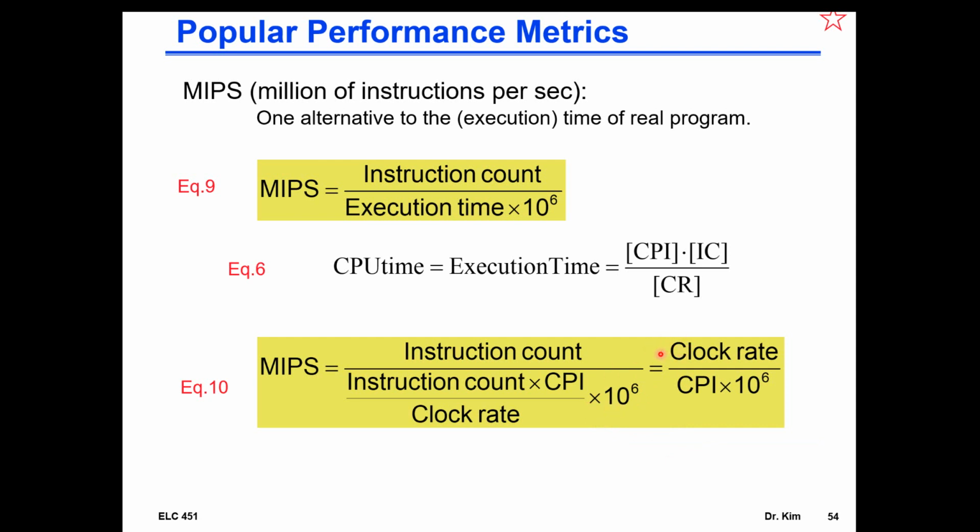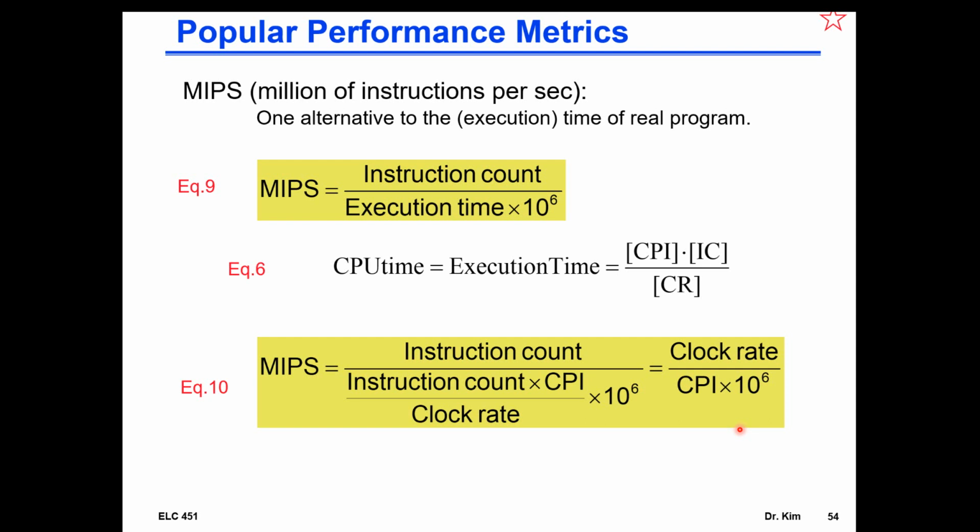And finally, that simplifies to the millions of instructions per second being the clock rate divided by the CPI times the million multiplier. But again, it's not complete because it doesn't tell you how much work is being done.